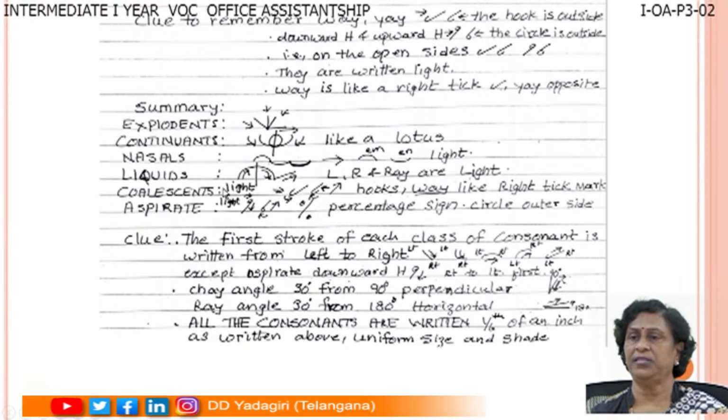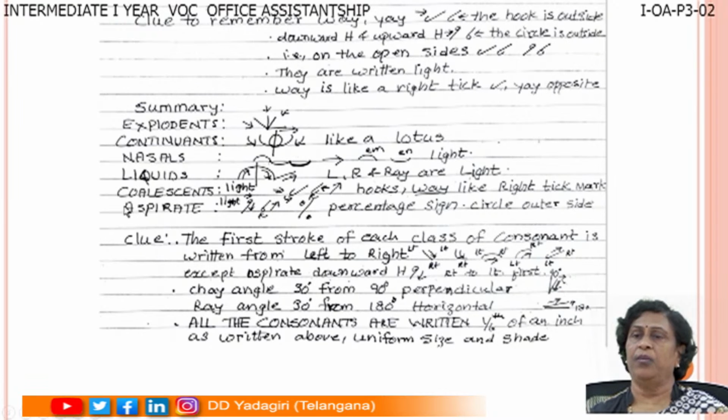Can you remember like this? This is from this semicircle. We are going up, so this is your L, and you're going down, here is R, and from this bottom point when you naturally go up, it is your ray. L, R, and ray. So all these are light. M and N are light.